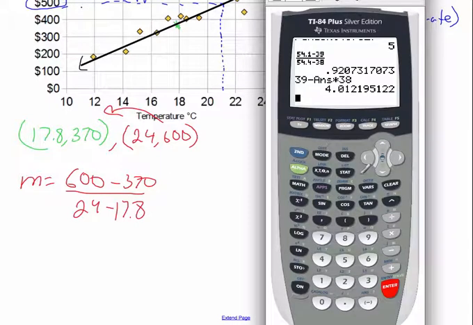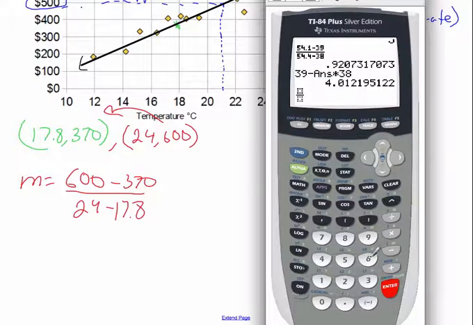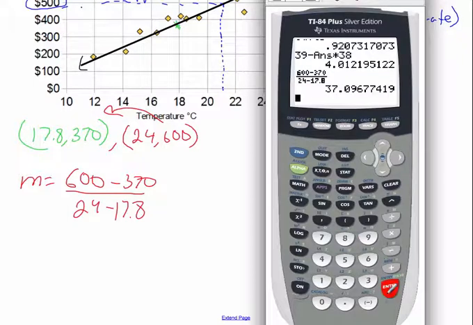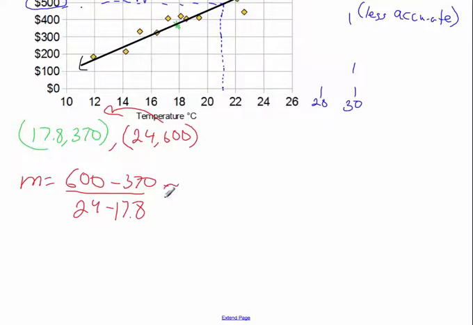If I do that on the calculator, I get 37, and I'm going to round it to 37.1. So that's about 37.1. Then we have y equals 37.1x plus the y-intercept.